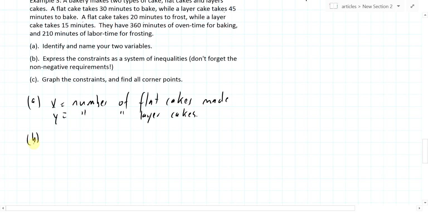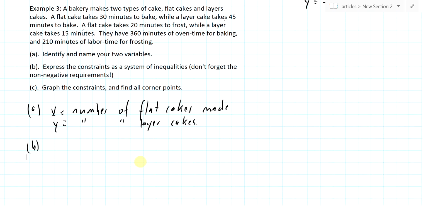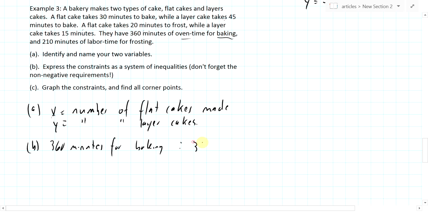Constraints is a system of inequalities. Well, what are my inequalities here? Well, one is baking, right? I only have 360 minutes of overtime. I can't go over that. How much baking time do I need? Well, if I'm making x flat cakes and it takes me 30 minutes for each one, that means 30x.